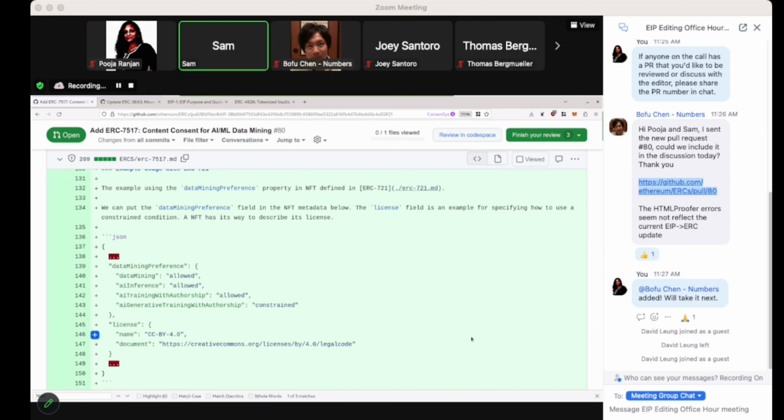So the property in NFT defined in the example using the data mining preference property in NFT.